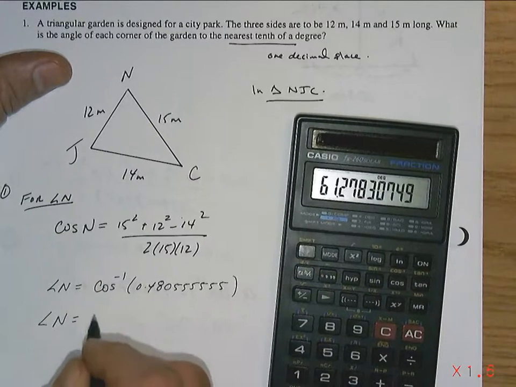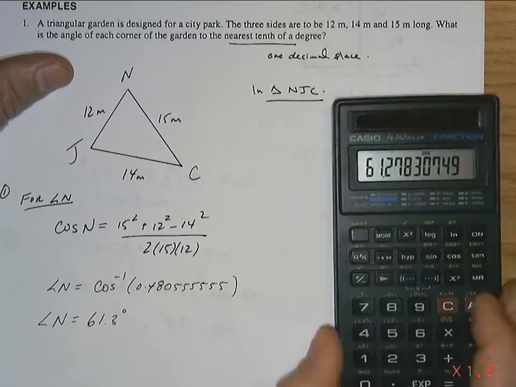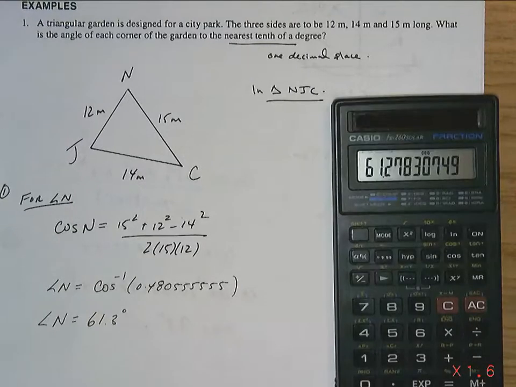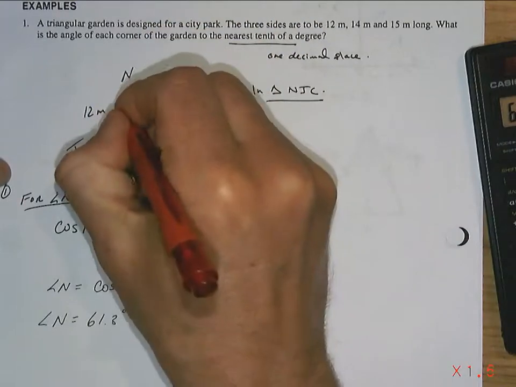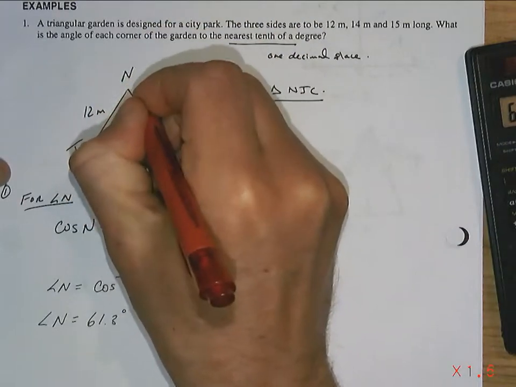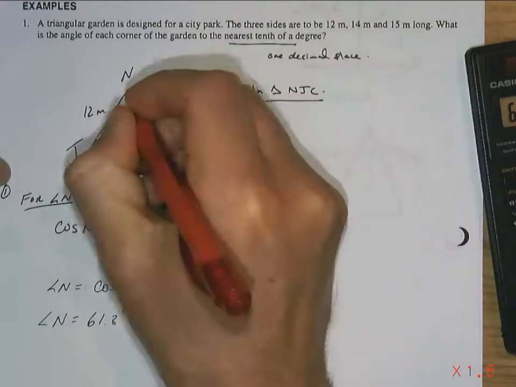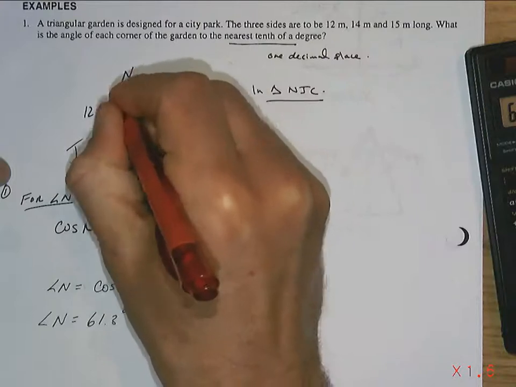There is the answer. 61.3 degrees is angle N, accurate to 1 decimal place. So there is number 1 done. Now, number 2, let's say I need to go after another one of the angles. So we're going to be working with 61.3 degrees for that one.